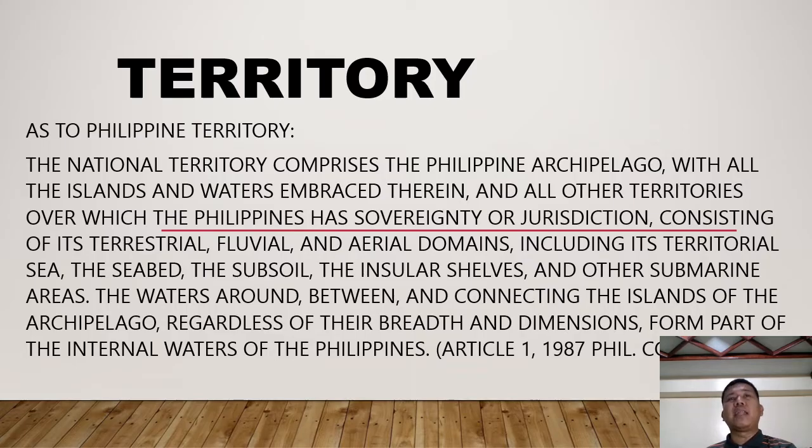The waters around, between, and connecting the islands of the archipelago, regardless of their breadth and dimensions, form part of the internal waters of the Philippines. So that is quoted from Article 1 of the 1987 Constitution.